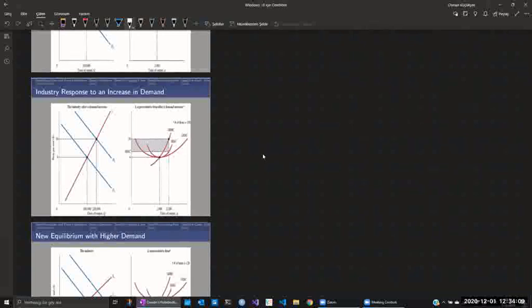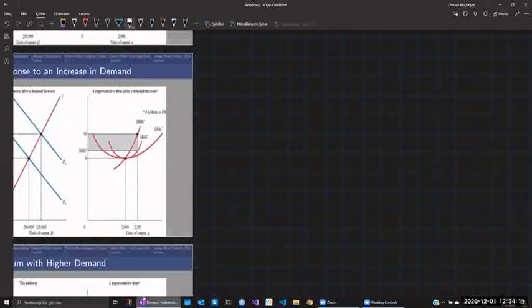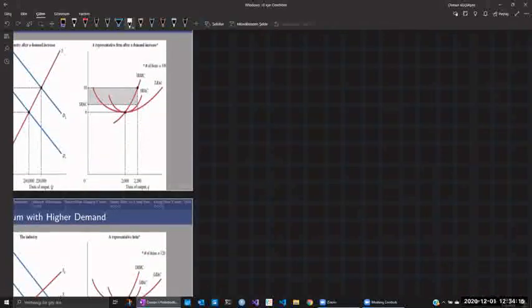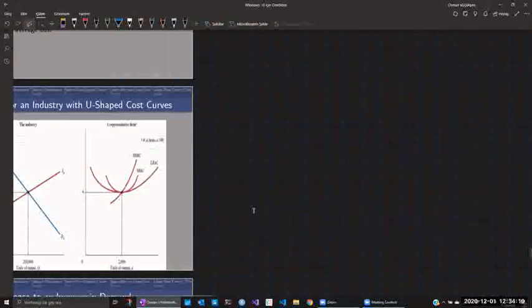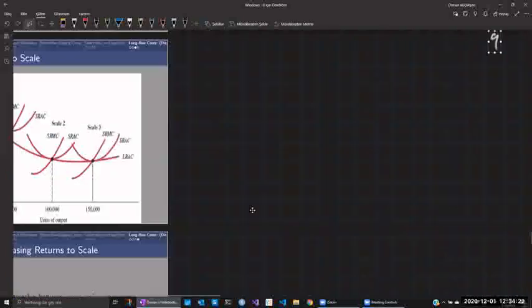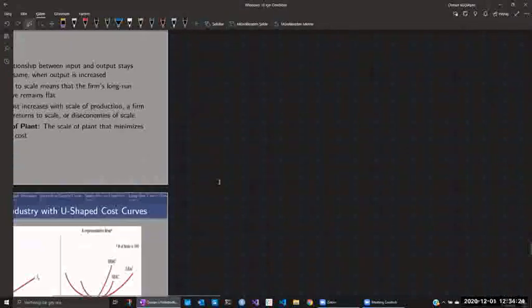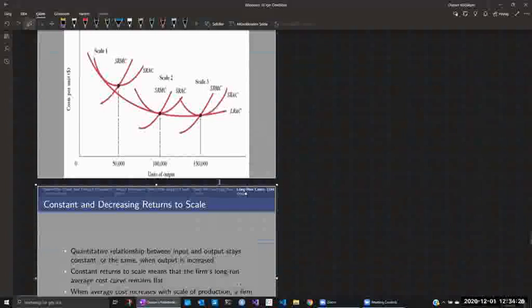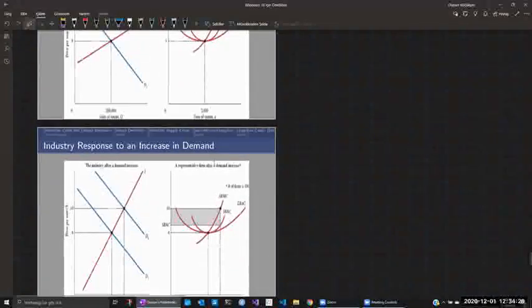Maybe let me zoom in a bit so we can see it more clearly. Okay, so here is a positive profit.